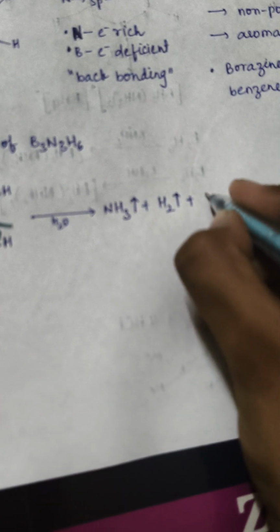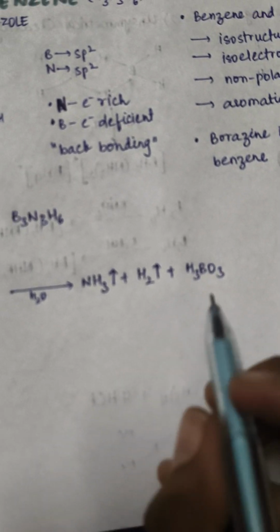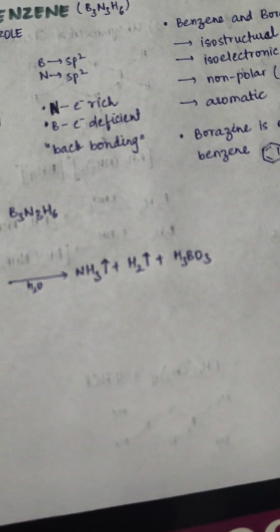Here you have this is plus, so here you get OH and this is H. So basically what you get is N with H, that is NH3, which is ammonia, it's released, plus H and H, H and H, that is H2 is released, plus you get B-OH, again one OH, again OH, that is H3BO3 or boric acid, or B(OH)3. This is hydrolysis.